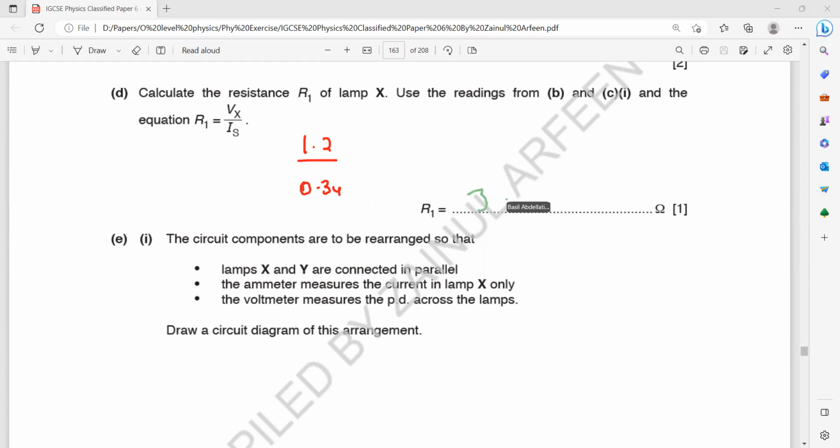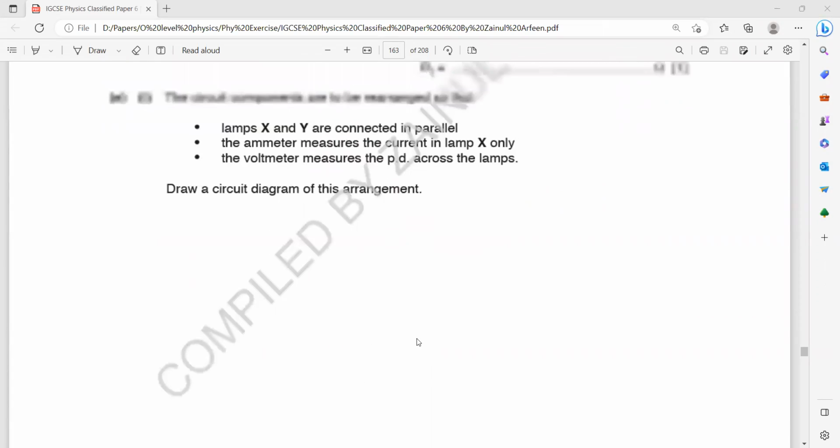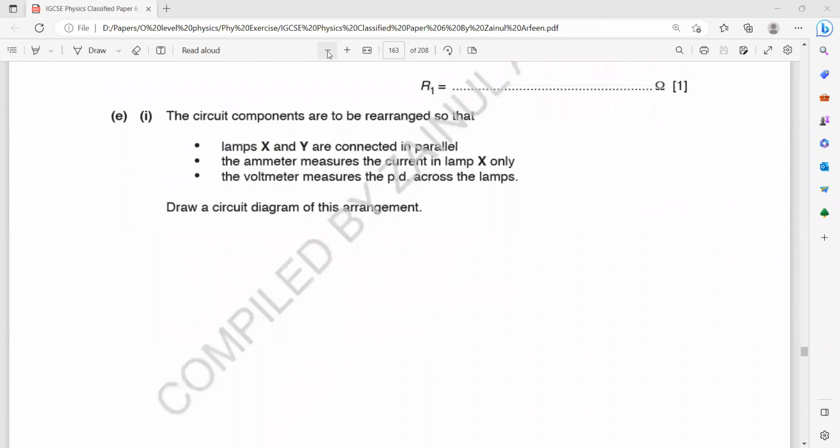What's the answer for this? So that is 3.5.